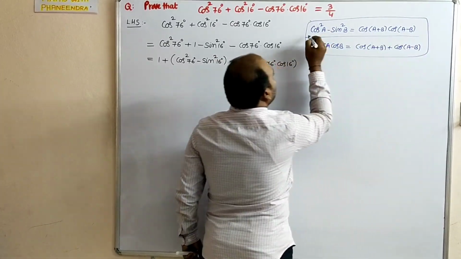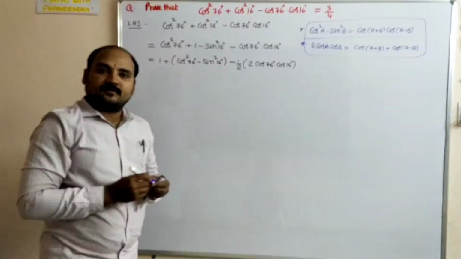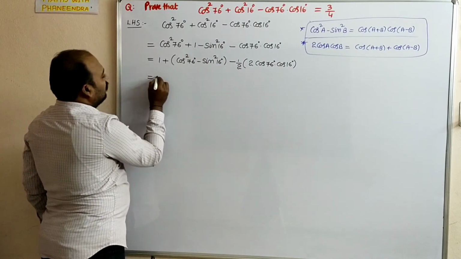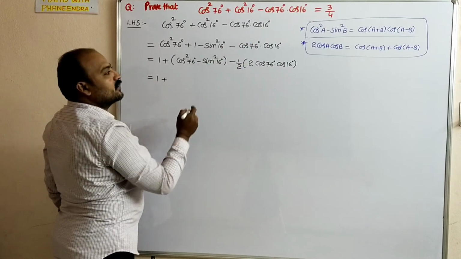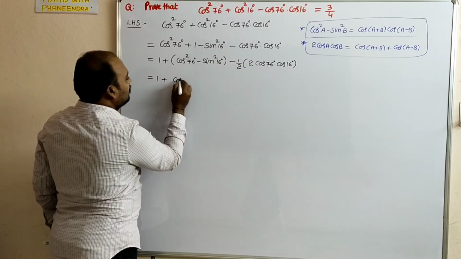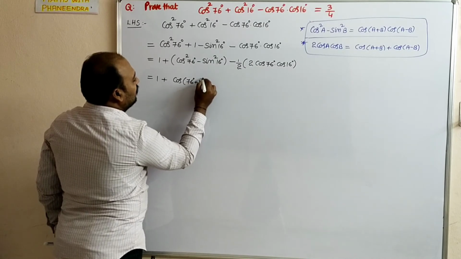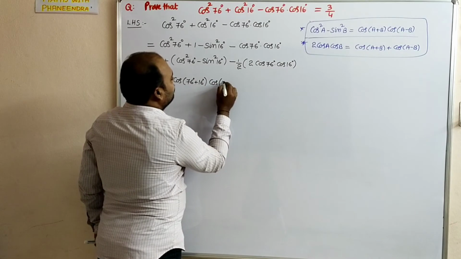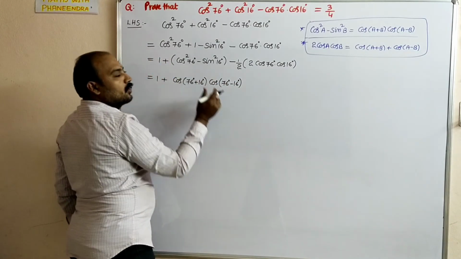You remember that, dear students? This is a very important step. So now proceed applying the formula. 1 plus cos square 76 minus sin square 16 can be written as cos of 76 plus 16 into cos of 76 minus 16. This step was completed.